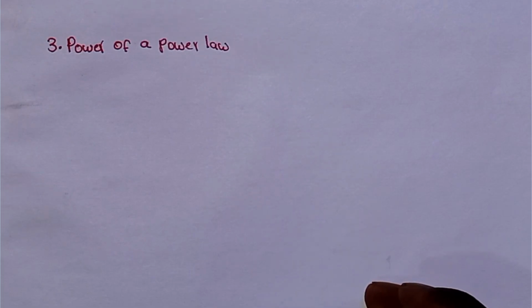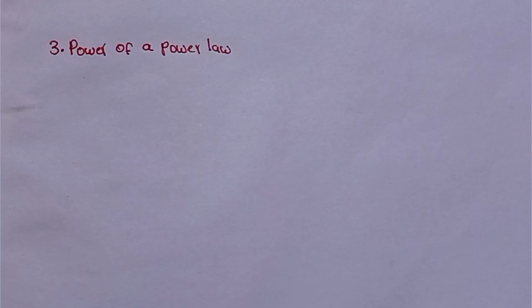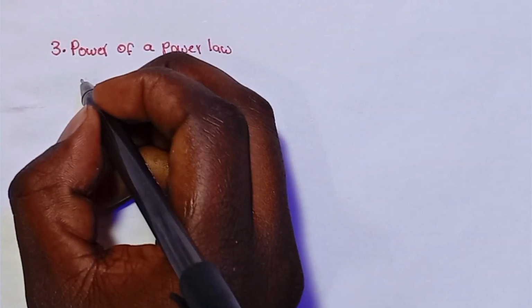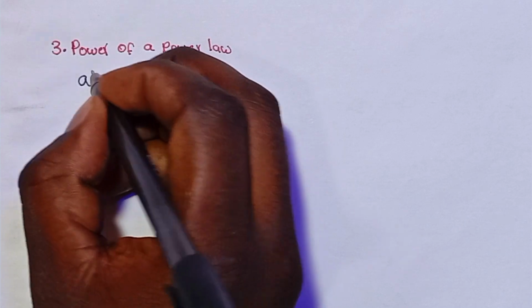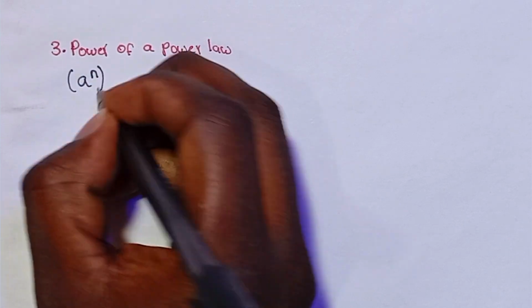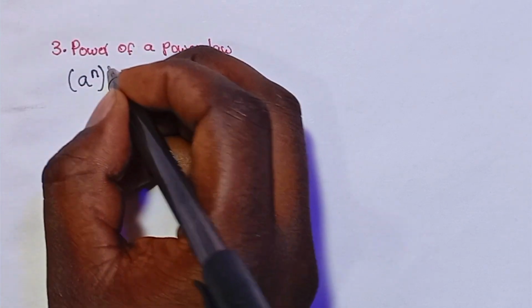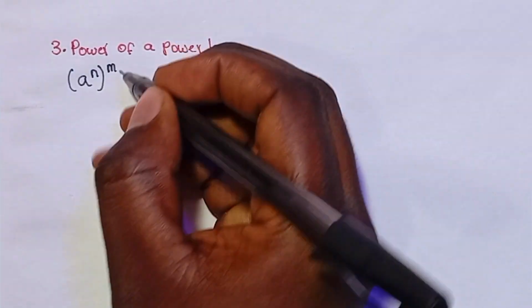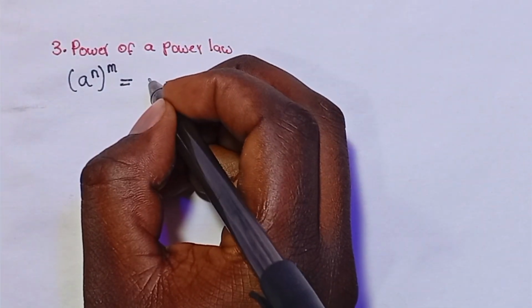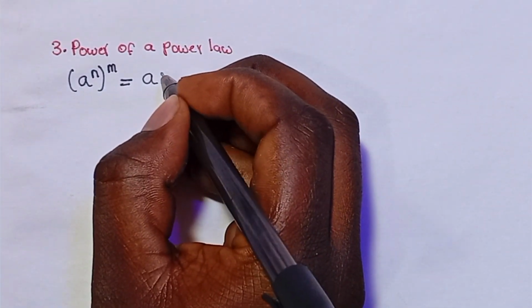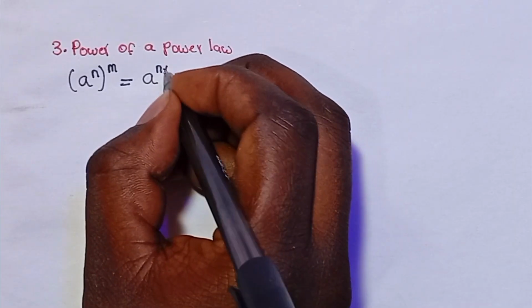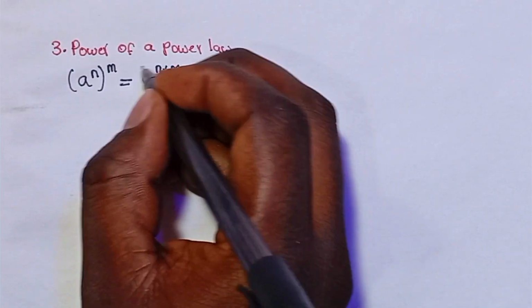We multiply the powers. So what basically this means is that if we have a raised to n, and this whole number is raised to another power m, then this is the same as a raised to n times m.